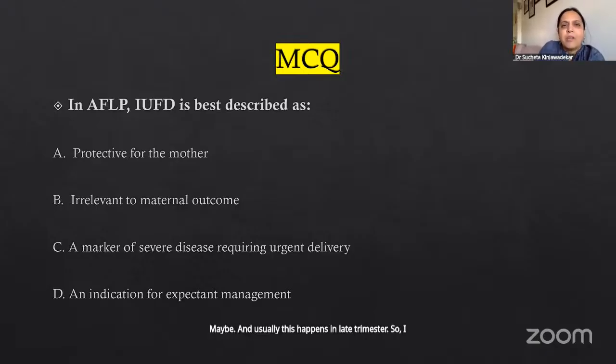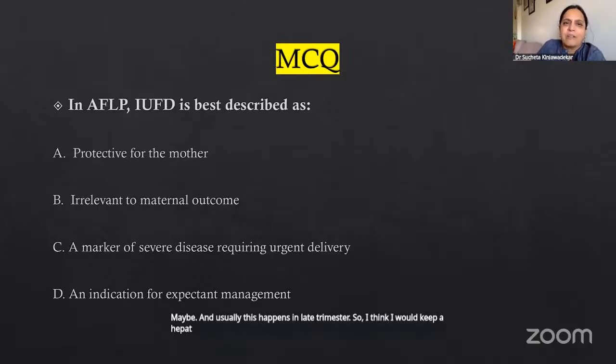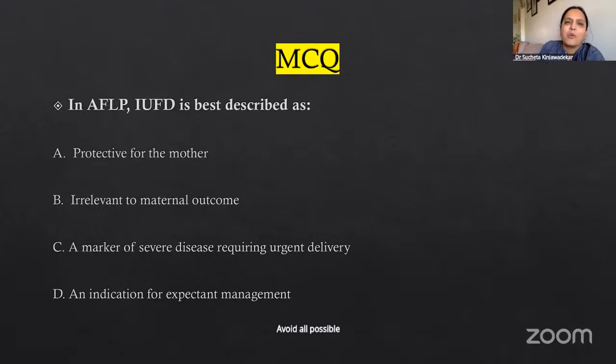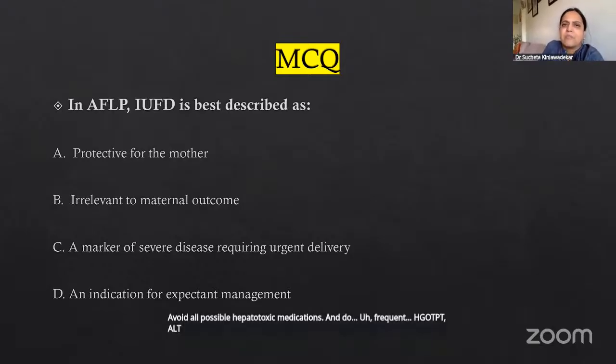So I would keep a hepatologist, or one of these experts, in the loop right from the beginning. Avoid all possible hepatotoxic medications and do frequent SGOT, PT, ALT, liver enzymes, maybe once every trimester in the first and second, and after the second, in the third trimester, maybe every 15 days.